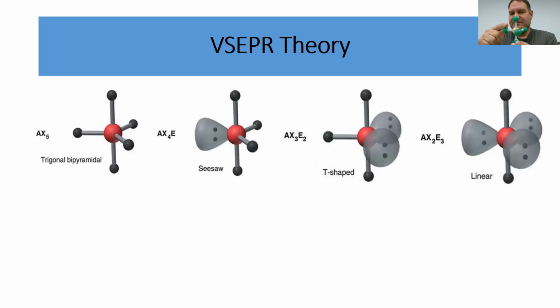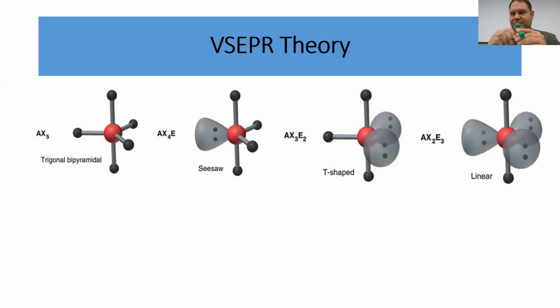The angle from here to here, though, is 120, so 120-degree bonding angles there. And then finally, from here to there is a 180-degree bonding angle. Okay, so this is your trigonal bipyramidal shape, so be familiar with it.